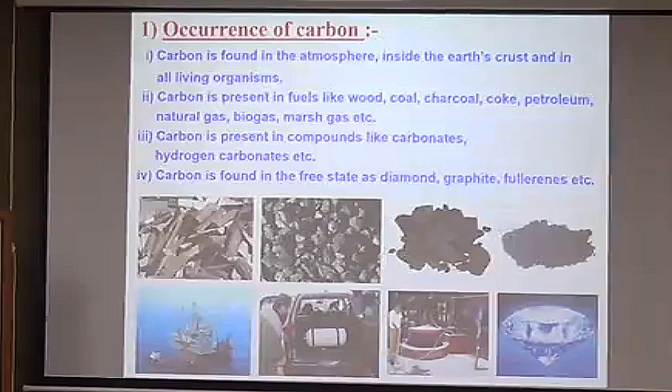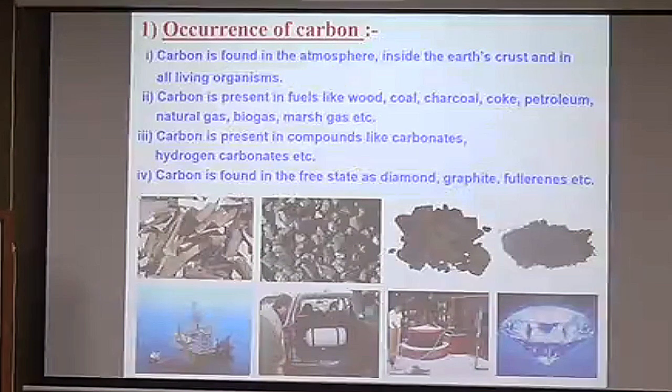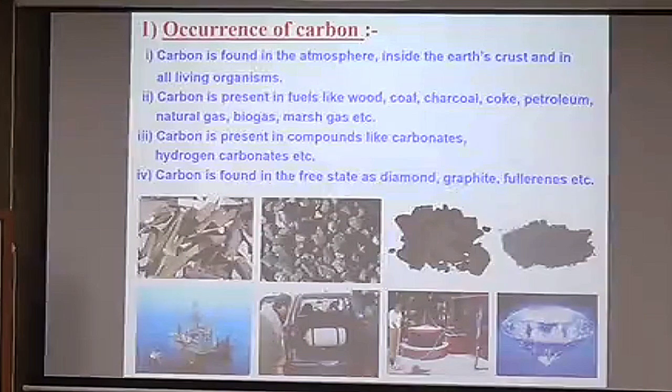It is also present as minerals, as carbonates and bicarbonates in the earth's crust. It is also present in water as soluble carbon dioxide and also as limestone. Then it is present in air as carbon dioxide. We all know that the percentage of carbon dioxide in air is 0.03%.